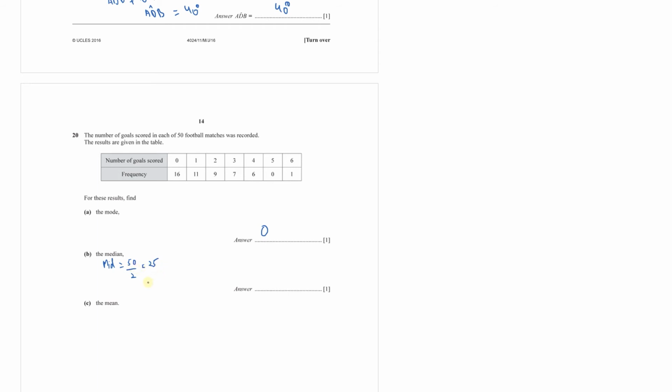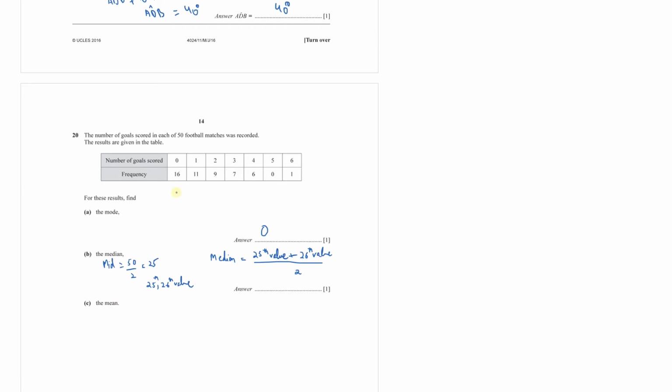So that would be the 25th and 26th values. Your median would basically be the 25th value plus the 26th value divided by 2.